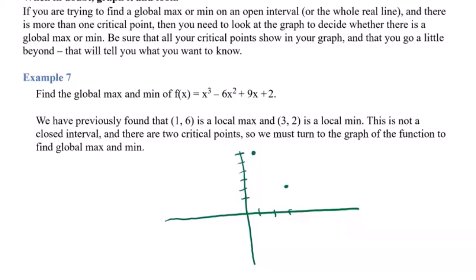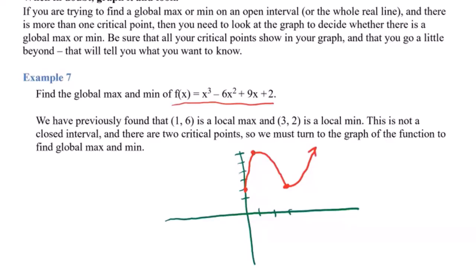Let me make these red. So our y-intercept happens when x equals 0. When x equals 0, we can see that it's going to go through 2. But 3, 2 is a local minimum. So that means it's going to come up to our maximum, go down to our minimum, and we know if it's local, that means it's going to go up again.